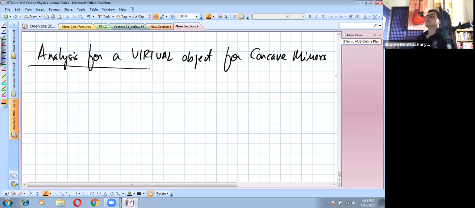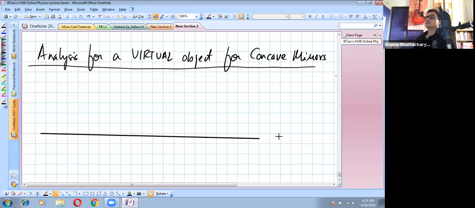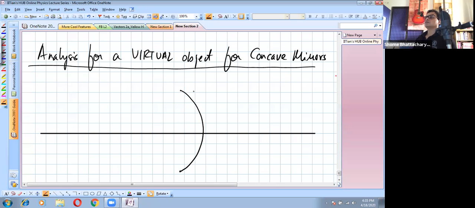First of all, let's try to understand what we mean by a virtual object. The pole, focal point, center of curvature, all right.